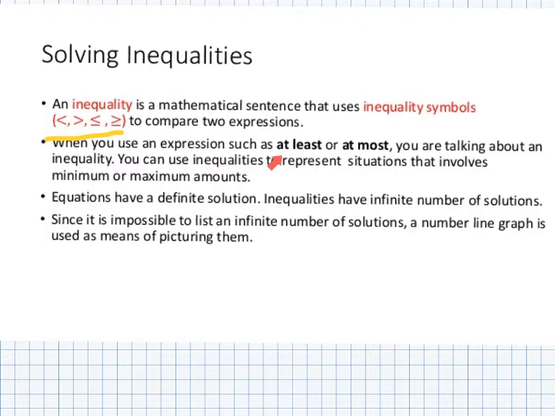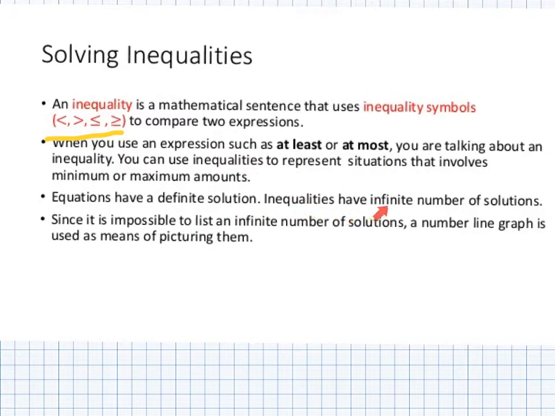When you use an expression verbally, like at least or at most, you're talking about an inequality, because you're not saying it is or it isn't. You're saying it's at least this amount, or at most it's this amount. So you can use inequalities to represent situations that involve minimum or maximum amounts. Equations have a definite solution.